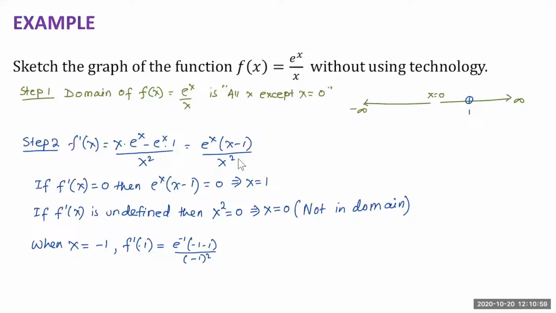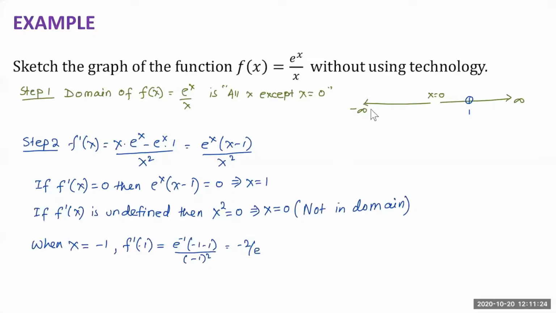Over here, -1 minus 1 is -2, and -2 divided by (-1) squared is -2. -2 multiplied by e to the -1 is -2 over e, because e to the -1 is the same as 1 over e. So we get the first derivative negative.